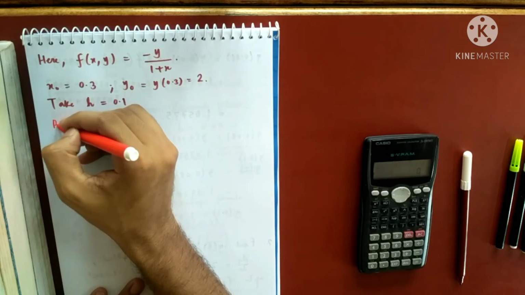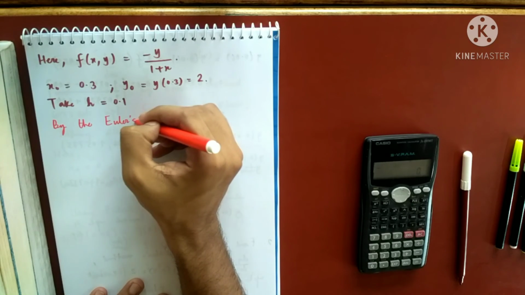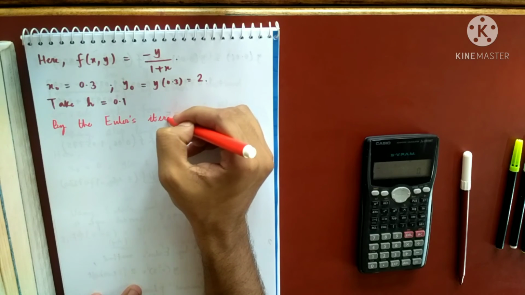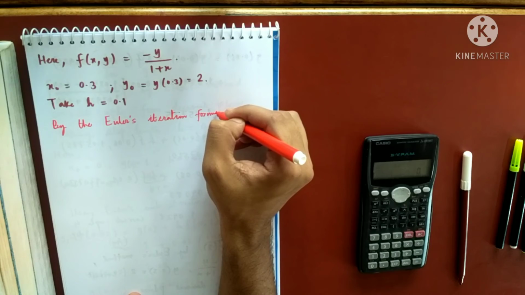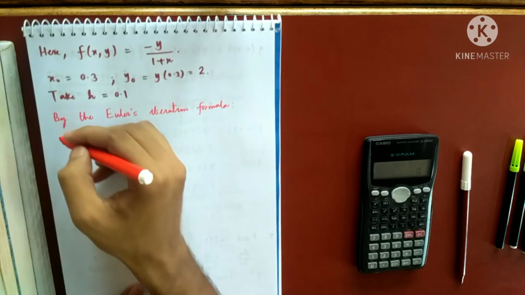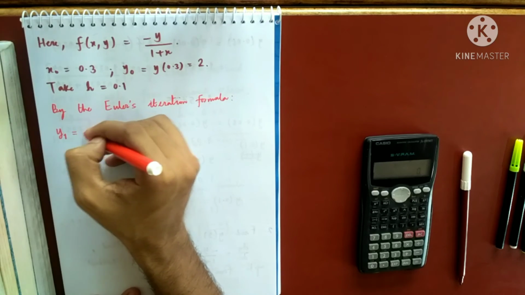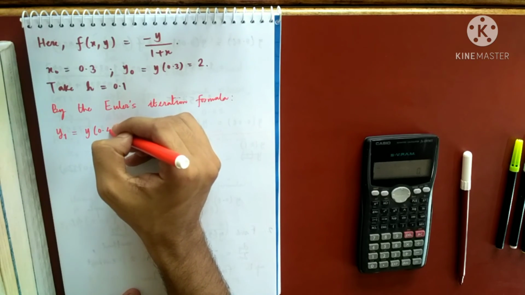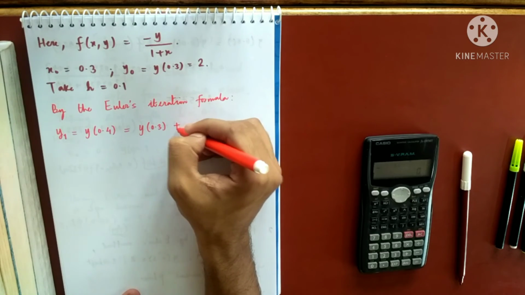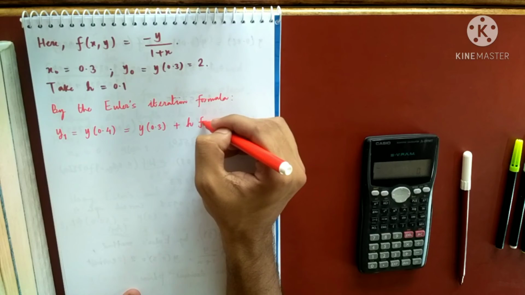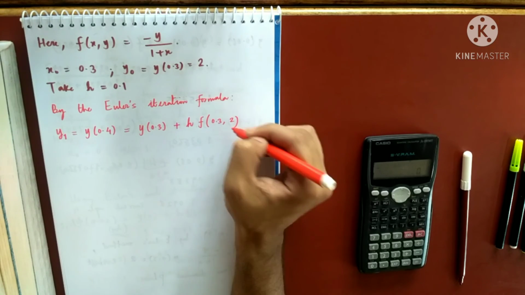So let's apply Euler's iteration formula. By Euler's iteration formula, I'll get y1, which is nothing but y at 0.4. This is y0, meaning y at 0.3, plus h times f of x0, y0. x0 is 0.3, y0 is 2.